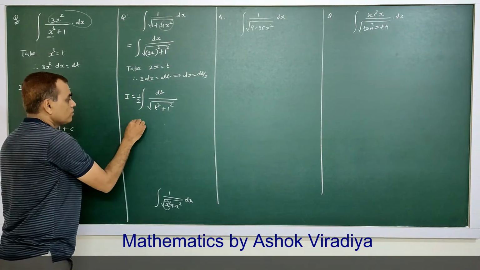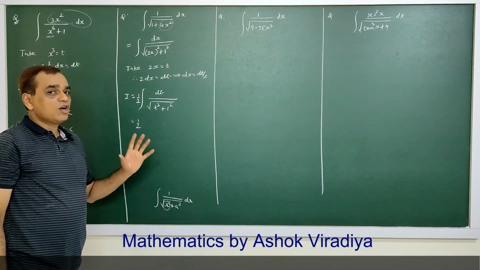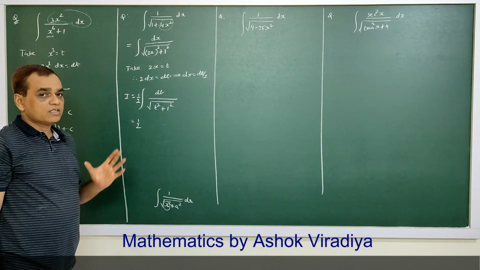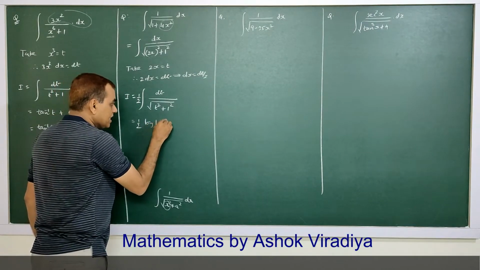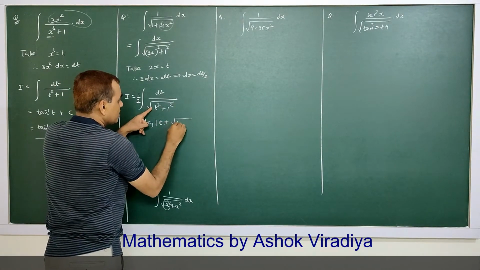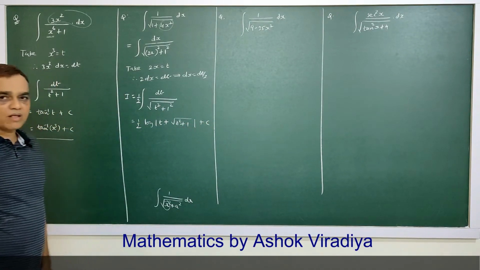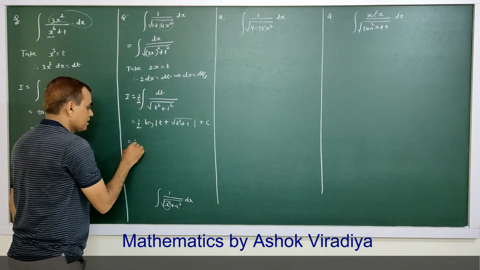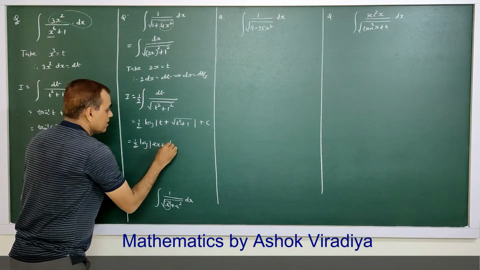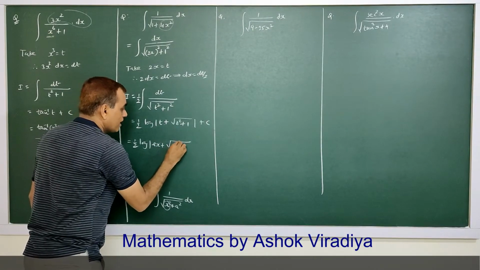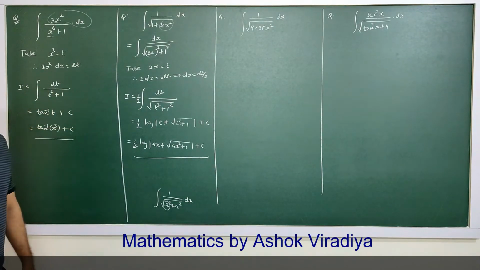So it is equal to, now 1 upon root x square plus a square, its integral is log mod x plus root x square plus a square. So log mod t plus root t square plus 1 square plus c. And putting the value of t as 2x, here t is 2x, so 4x square plus 1 plus c. So this is the required value.